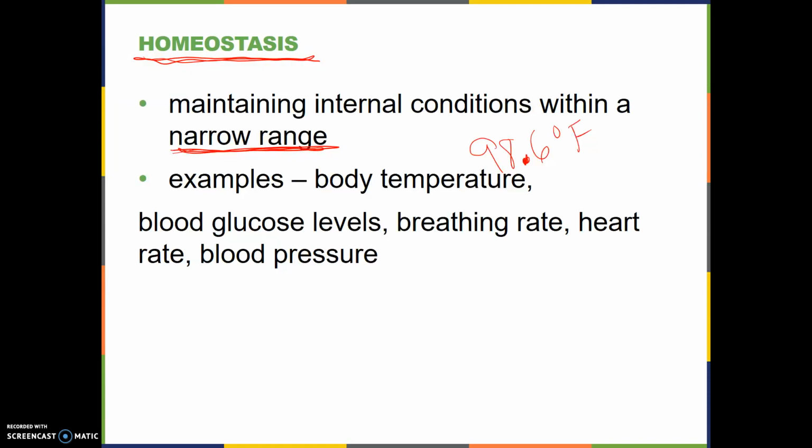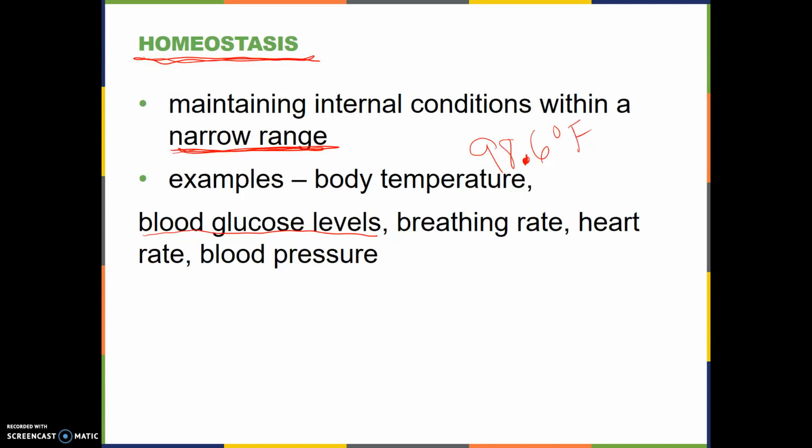So blood glucose levels. My daughter, I may as well go ahead and tell you because I'll probably use her as an example sometimes, I have a daughter named Grace, and she's 13, and she has had type 1 diabetes since she was 2 years old. So we're really concerned about blood glucose levels at our house.